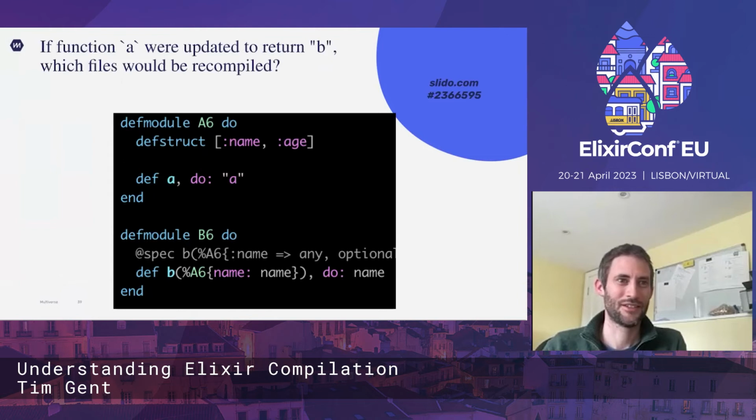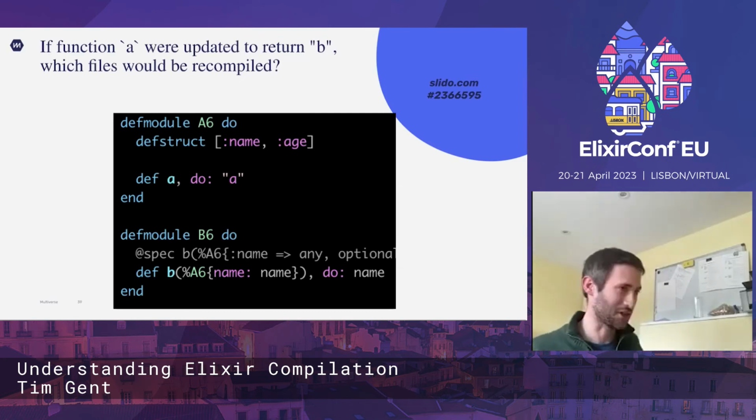All right, so a very similar kind of example here. If function A, this function here, was updated to return the string B instead of the string A, which files would that cause to be recompiled? Yeah, a bit trickier, this one.